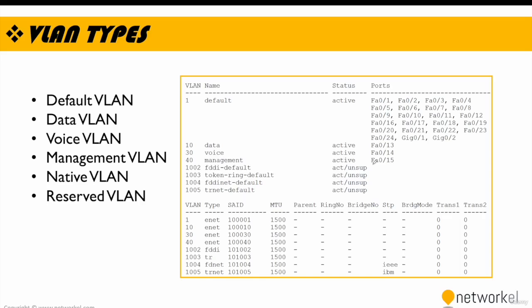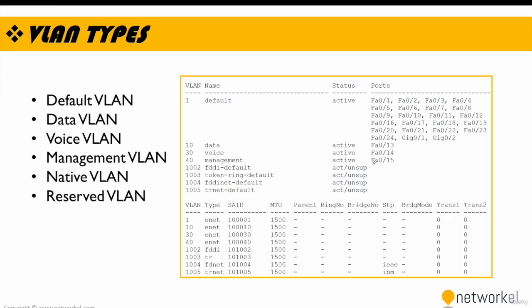We have the management VLAN. This is used on a local area network for management purposes. We have the native VLAN. The native VLAN is an 802.1Q-only concept. Traffic belonging to the native VLAN is not tagged.